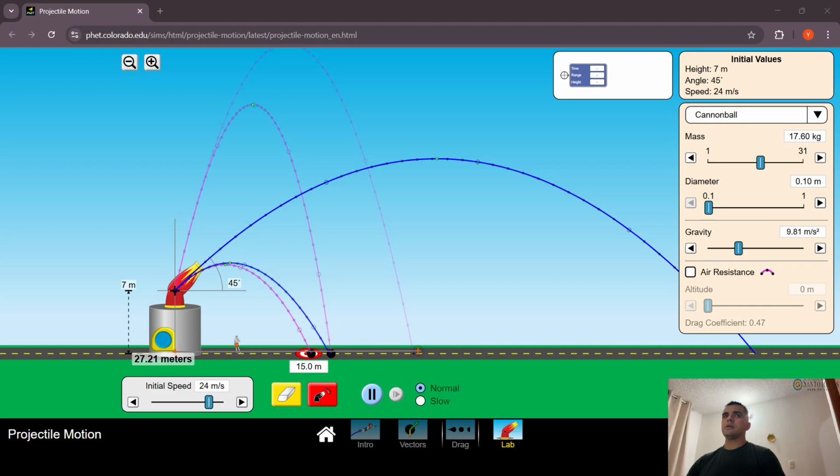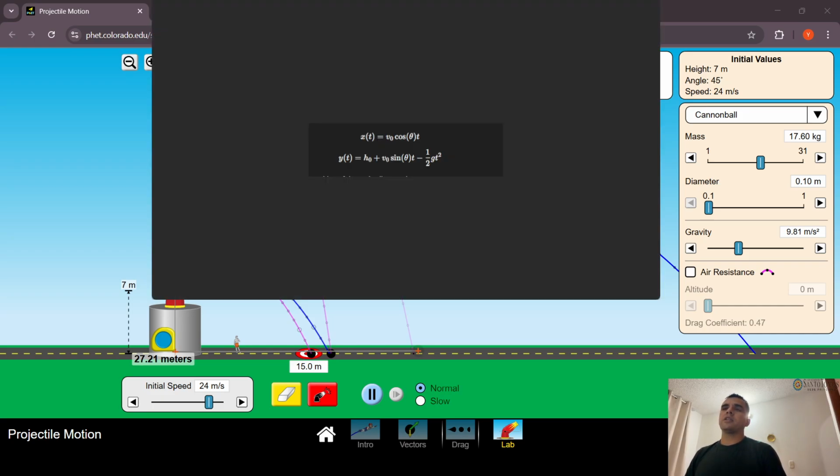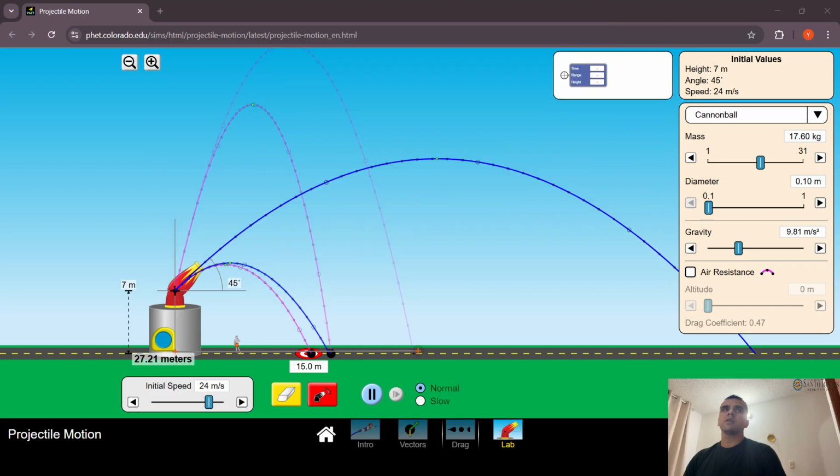To verify this hypothesis, we can use the mathematical model of projectile motion without air resistance. The equations for this are the ones I show on the screen, which are basically the basic mathematics to check this information. These formulas describe the position of the trajectory over time.